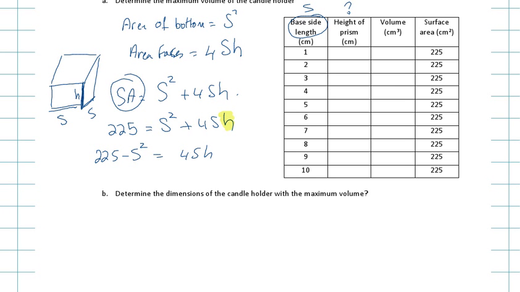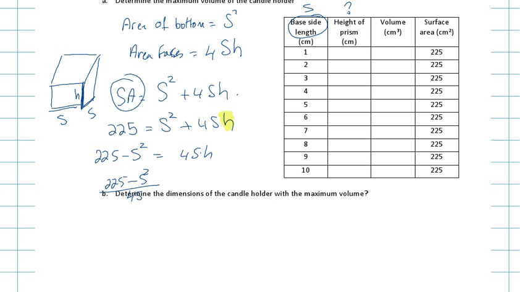Remove the 4S. When I move it over, what does it become? Division, right? Because there is a multiplication here. So bring it over, so you have 225 minus S squared, all divided by 4S equals the height.